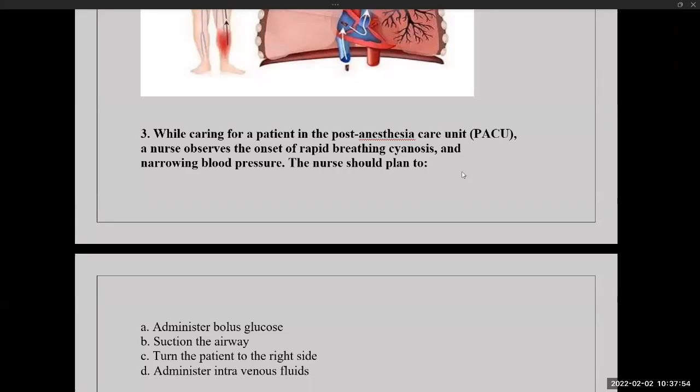So the patient won't be aware of sensations, whether pain stimulus or whatever. That is a positive effect of anesthesia during the surgery, and which is very necessary. After surgery, we will not be continuing the anesthetic medications. We withdraw the anesthetic medications.